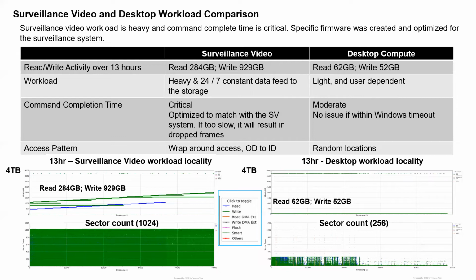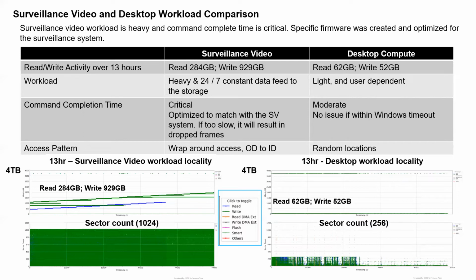Moving to the left-hand side, you can see in the lower part how much more green there is, and that's because in this particular surveillance video application, 1K sector writes is the rule of the day. Very consistent, very sequential, accessing the same part of the media for long, long periods of time.